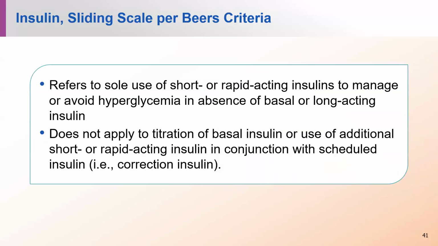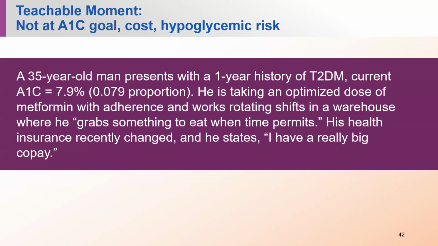And just a reminder, the sliding scale refers to the use of short or rapid acting insulins to manage or avoid hyperglycemia in the absence of a basal or a long acting insulin. And it does not refer to titration of basal insulin use or the use of additional short or rapid acting insulin in conjunction with scheduled insulin, i.e., correction insulin.